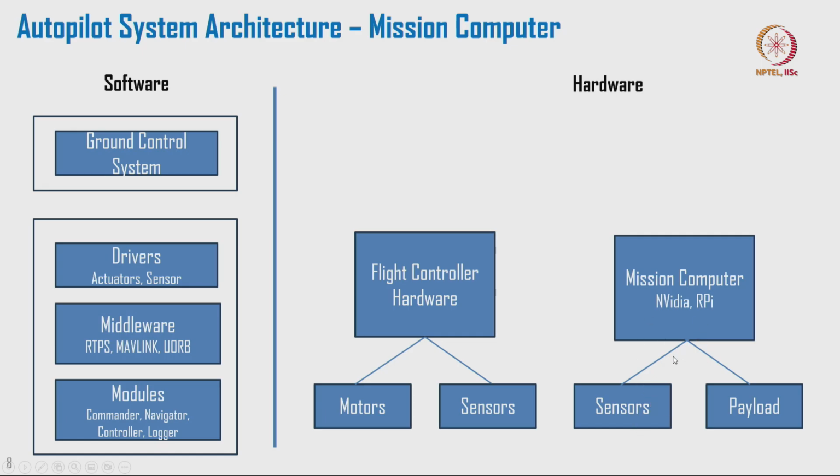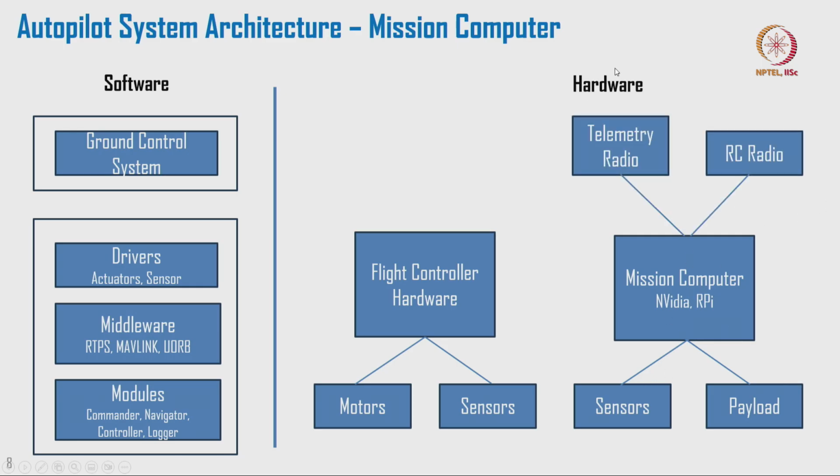It wants to see what it has to do, right? So those sensors could be a camera, it could be a LiDAR, it could be a radar, right? So it will see the environment and decide what to do with the payload, right? And it also has a connection to telemetry. Earlier the flight controller was connected to telemetry and radio, whereas here the telemetry and radio communication happens to your mission computer.